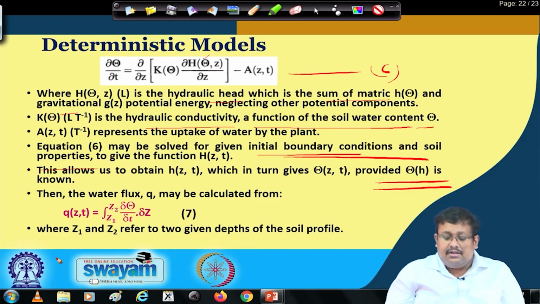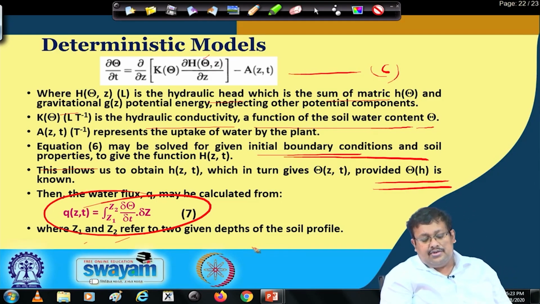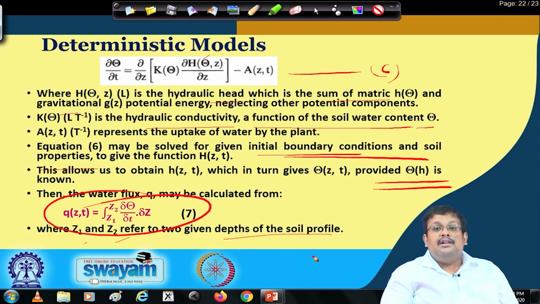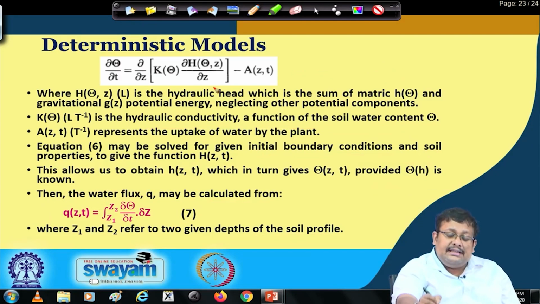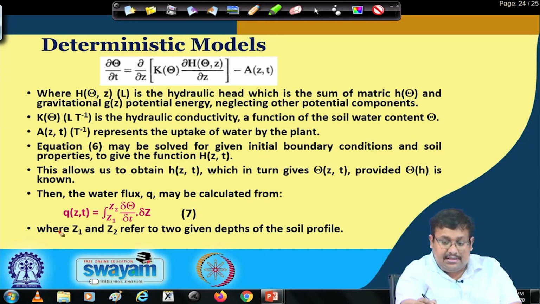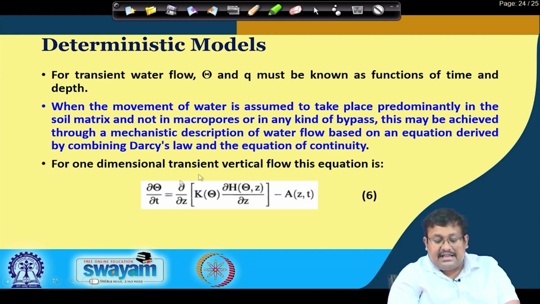Now, the water flux q may be calculated by this equation, where z1 and z2 refer to given depths of the soil profile. This is basically the one dimensional transient vertical flow equation.